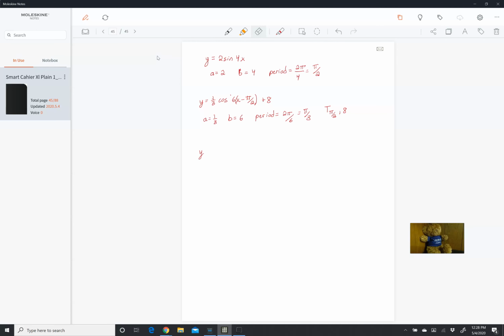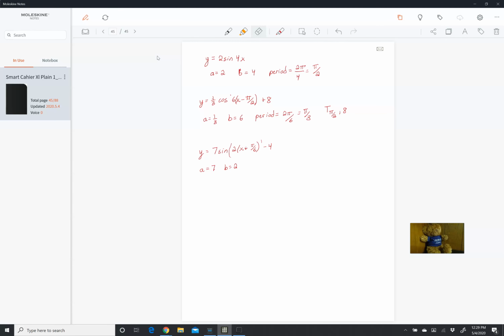Notice that cosine makes no difference. If we have y equals 7 sine of 2 times x plus pi over 6, minus 4, this is saying the amplitude is 7, the frequency is 2.